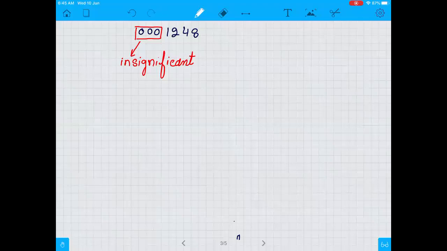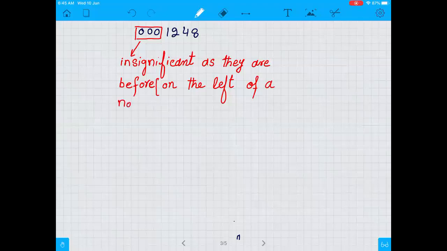The reason is that they are before, or on the left of, a non-zero digit. This was a number without a decimal point.